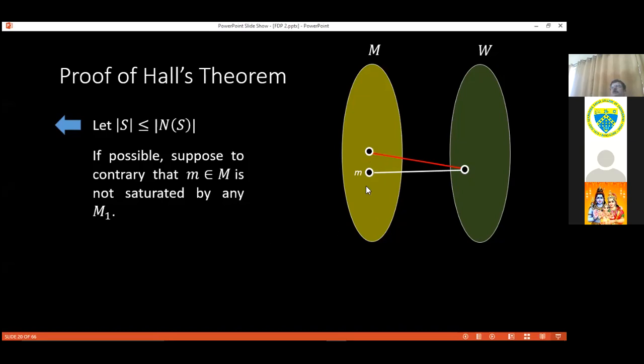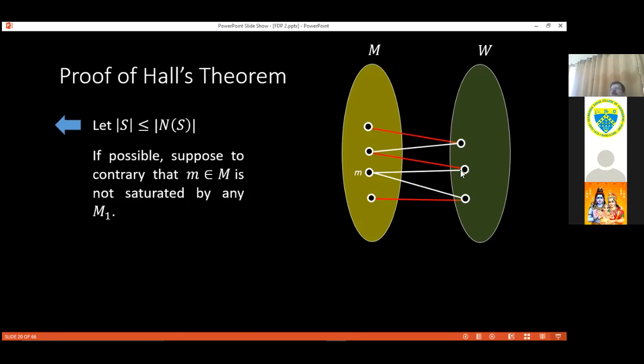That means from this vertex, you travel first to all those vertices which are reachable, taking alternate paths. From this, I have to go only by an unmatched edge. From this, I can go by a matched edge or unmatched edge.